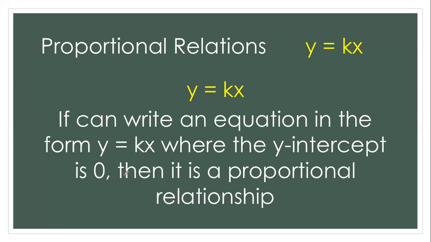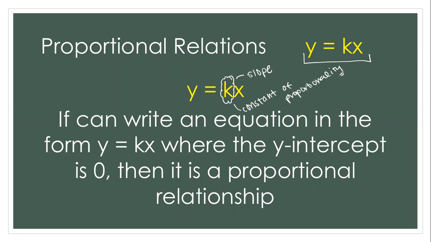So for a proportional relationship, the equation I use is y equals kx. If we remember, this k just stood for the slope. This is our slope, but the proper word we use is the constant of proportionality.